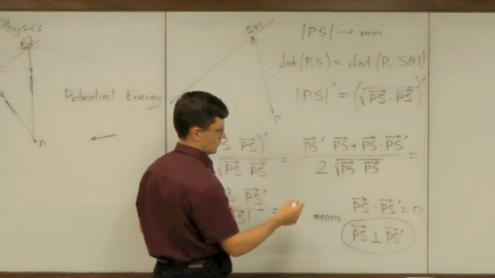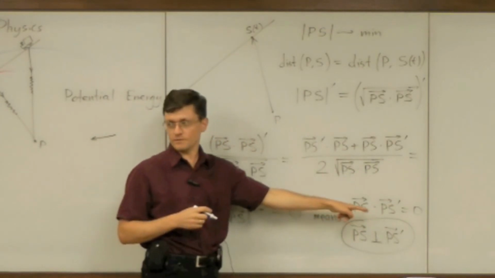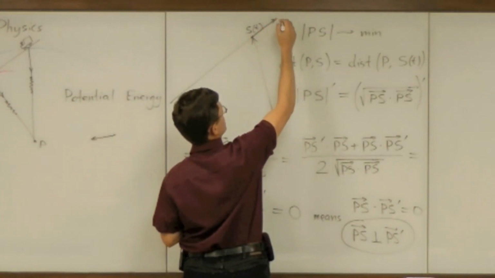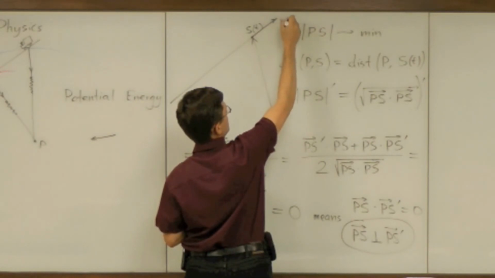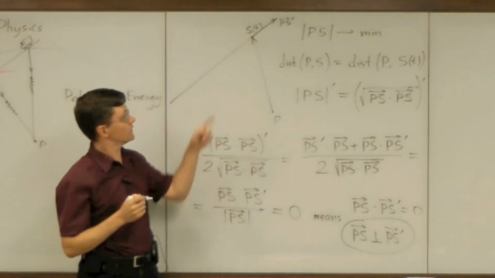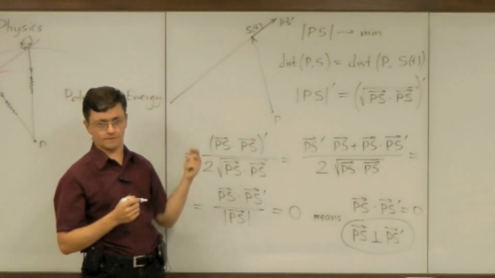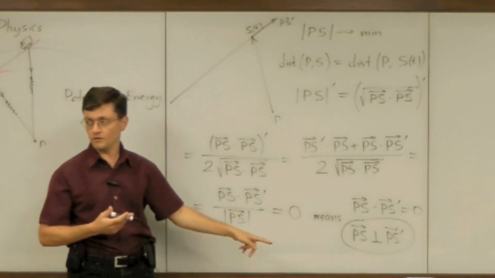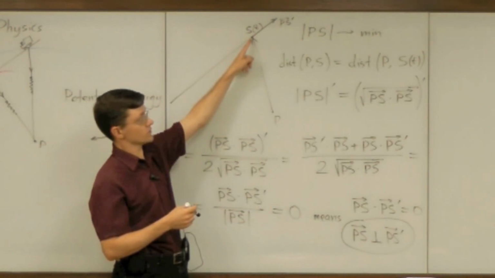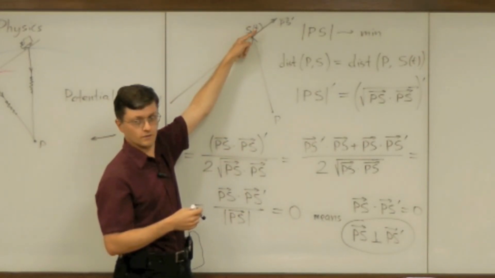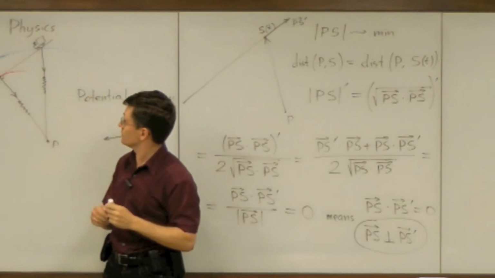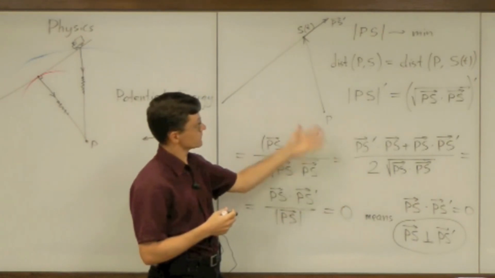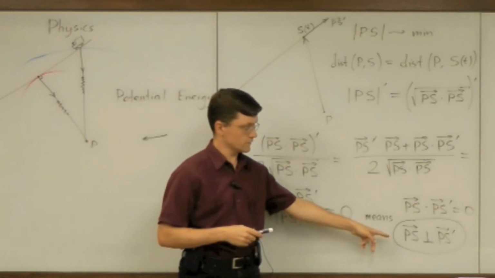So we don't know what that velocity vector is, but we know that this vector PS prime, the velocity vector, is directed along the line. And then what does it mean that these 2 vectors are perpendicular? Well, that means that the position vector is perpendicular to the line. And that brings us back to the physics idea. And now we recovered the relation.